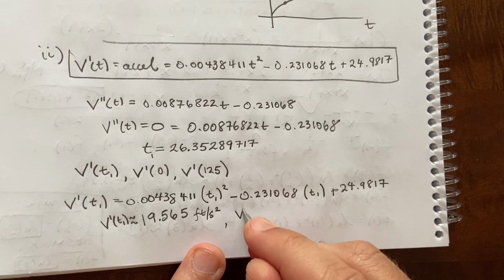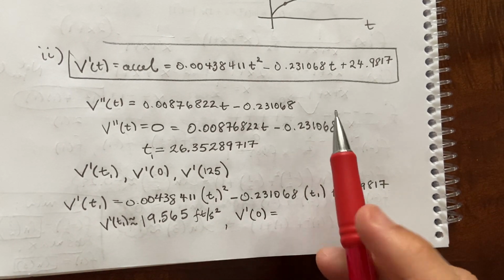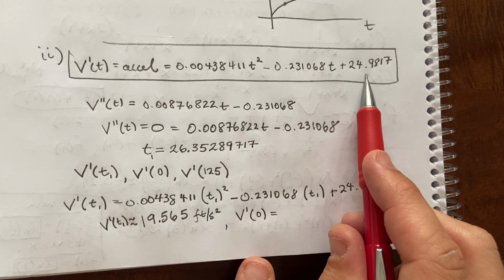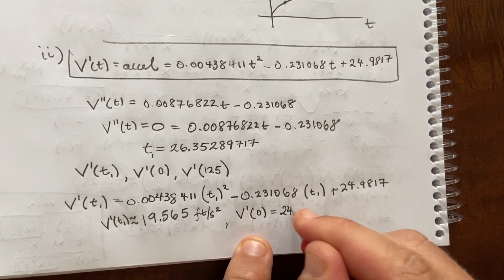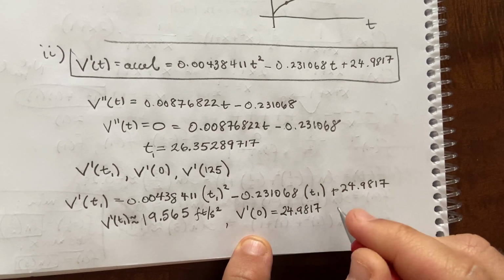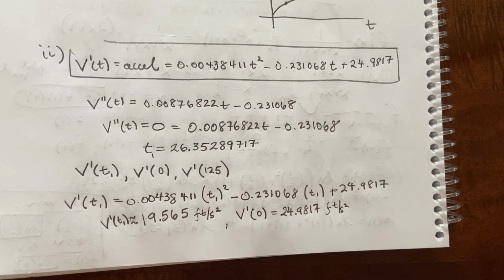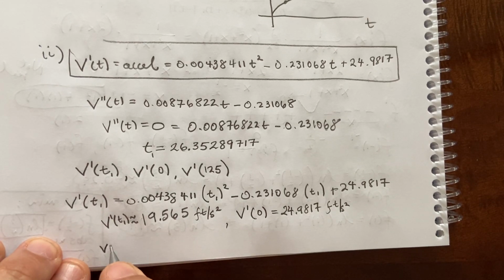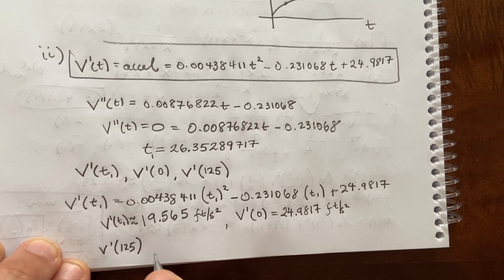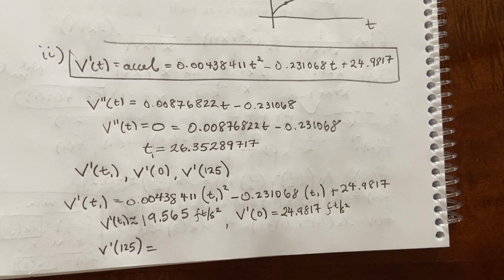And then for v prime of 0, plugging that in is pretty easy. I'm just getting this constant. So 24.9817, and that would be feet per second squared. And then v prime of 125, I need to figure that out. So 0.00438411 times 8. Sorry, I made a calculator error.